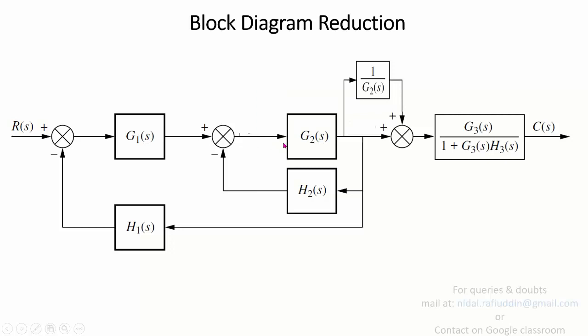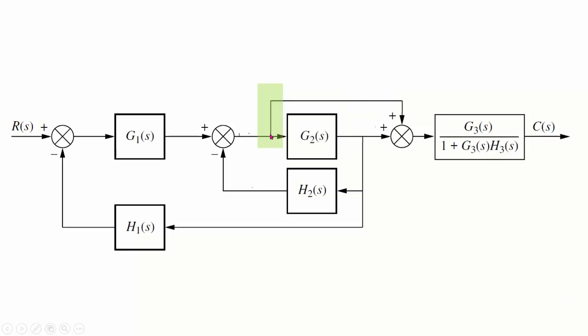Of course, if you shift the takeoff point from this place to this place, since this point was taking a signal x, you were getting a signal x at the input of the comparator. While if you shift this particular point to this place, on shifting the point what you get is a signal x times G2. So now you are supposed to eliminate G2.